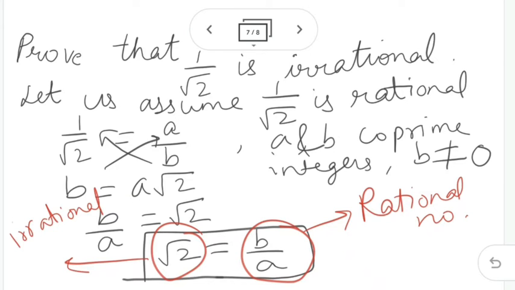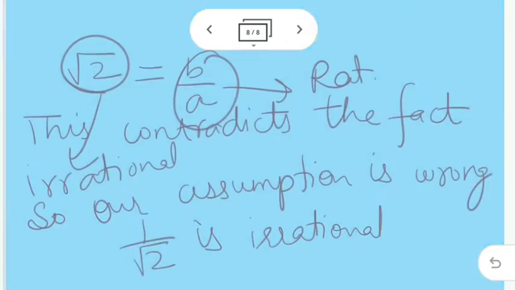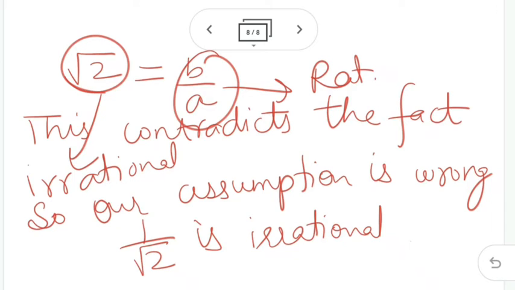Then we showed a result at the end which contradicts the real fact. So we come to the conclusion that our assumptions in the beginning of these proofs were wrong. So 1 by root 2 is irrational.